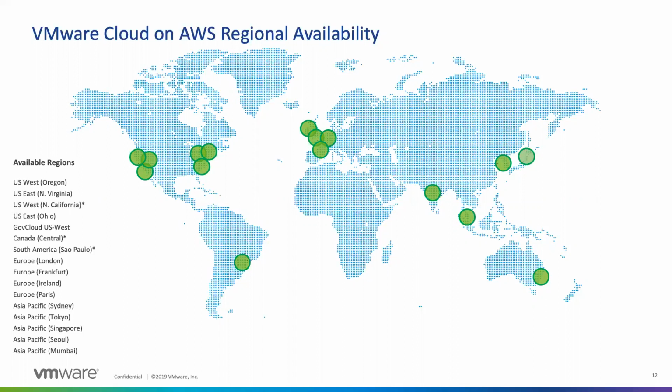And then in APJ, we're available in Japan, Korea, Singapore, India, and Australia. So we have a good amount of diversity across the world, and we're committed to be in all AWS regions worldwide. As they bring online new regions, we will bring the service into those regions as well.